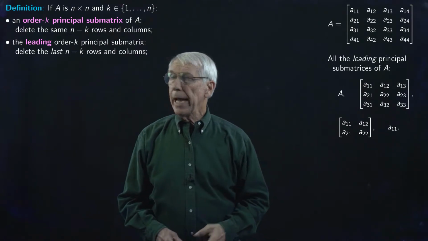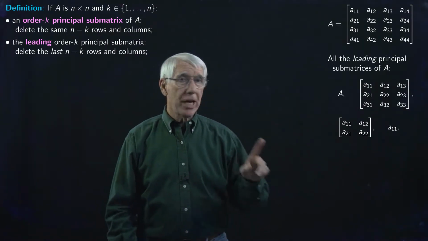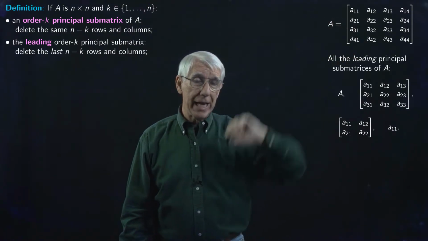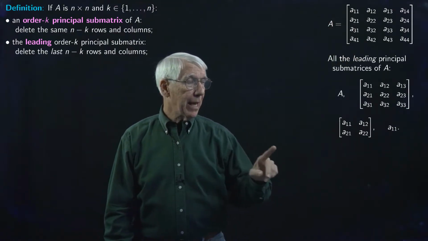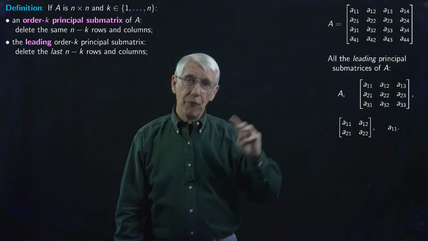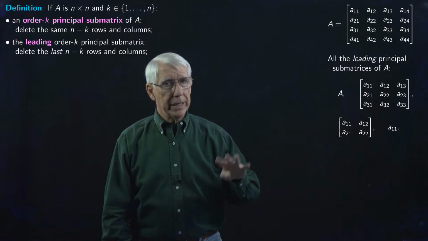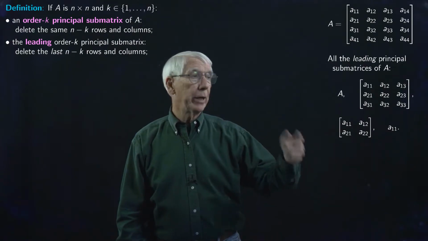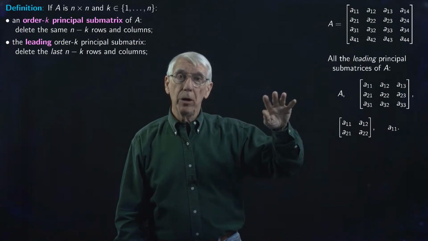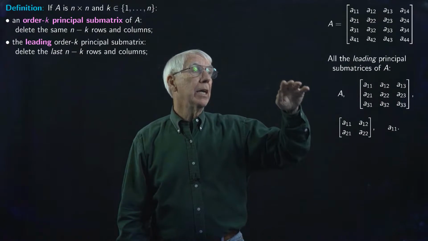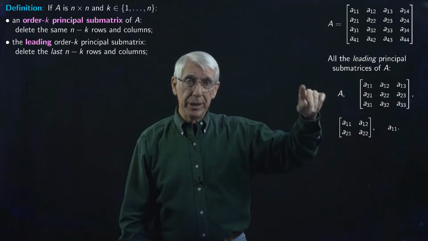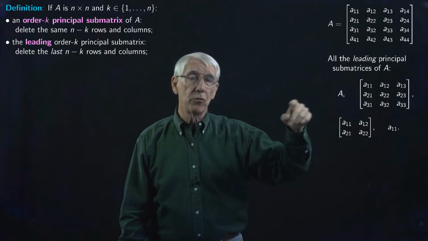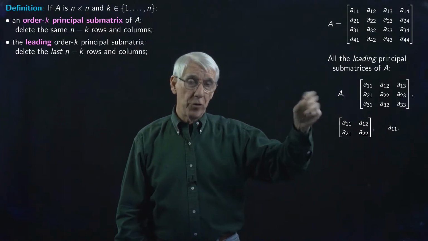Now we can look at the same thing for an original 4 by 4 matrix A, and in that case there are going to be 4 leading principal submatrices. The order 4 principal submatrix is just the original matrix. The order 3 one is where we delete the rightmost row and column, leaving a 3 by 3.